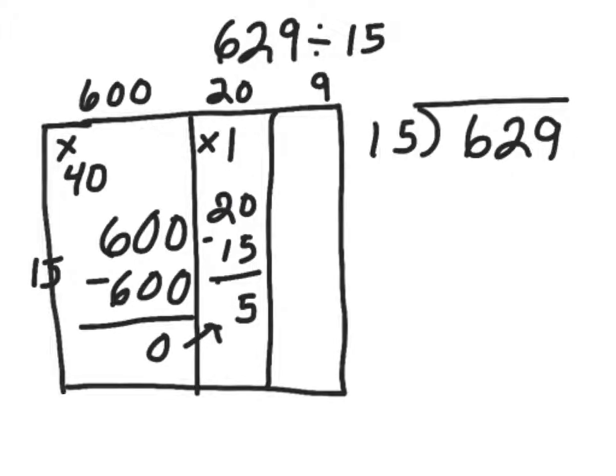Now how does that relate to our dividend or our standard algorithm? Well, so far I have 4 tens. That's what 40 is. So 4 tens times 15 gives me 600.